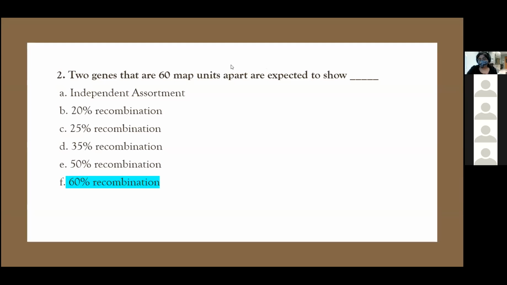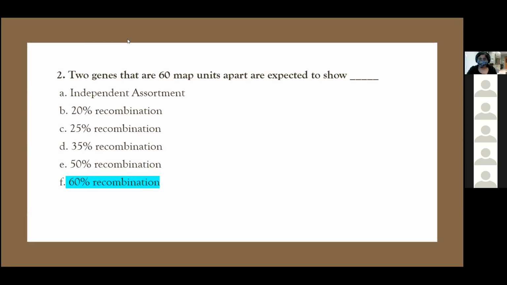Does that make sense? So wait, 50% is the cutoff or something? I don't understand. So anything over 50% just says that they wouldn't be linked at that point. So when they're not linked, they end up with independent assortment. Does that make sense? Yeah, it does.